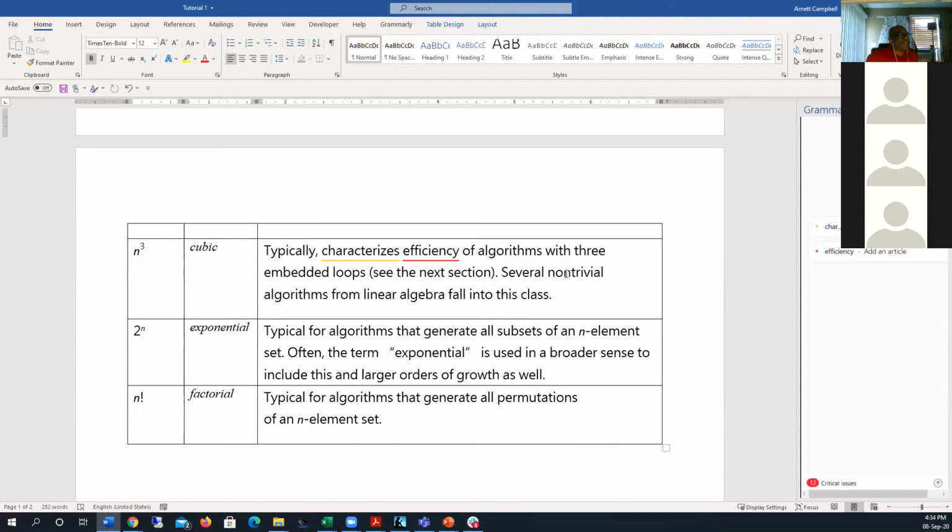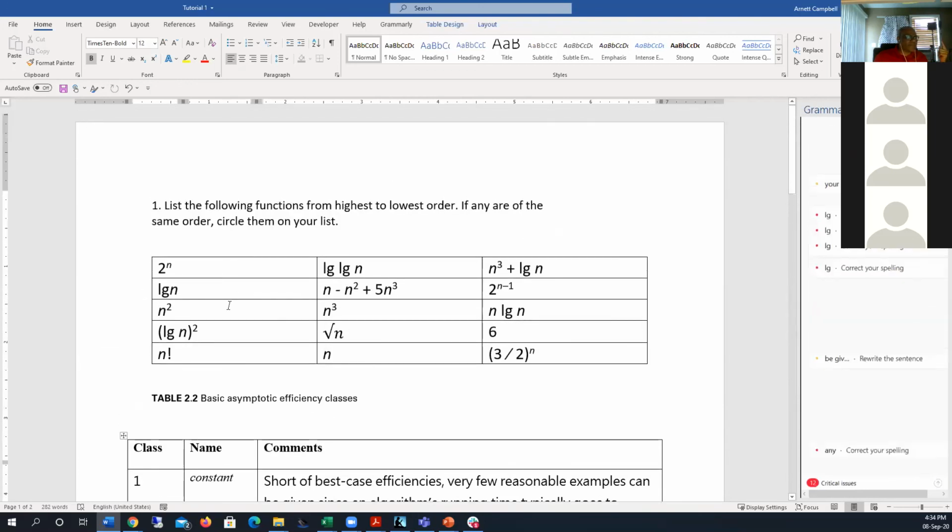So with this table, I want us to go through the table above and identify which of these functions are the worst and which are the best behaving. So here they are.